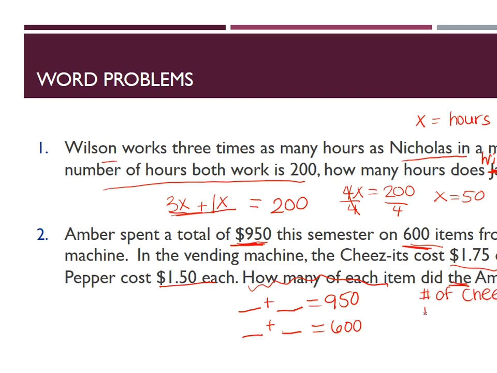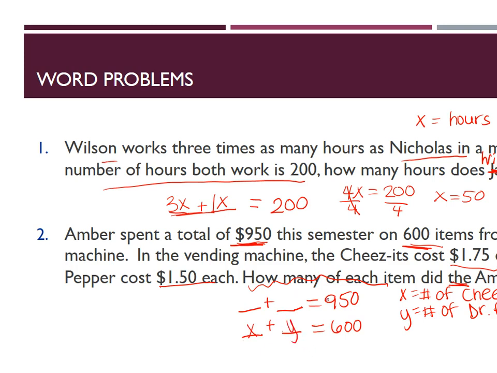And I also need to know the number of Dr. Peppers. Those are the two things I don't know. So I can just call them x and y. If you want to use C and D for Cheez-Its and Dr. Peppers, that's fine too. I like using x and y in case I graph it or put it into a calculator. So the 600 items is made up of the number of Cheez-Its, which is x, plus the number of Dr. Pepper, which is y.